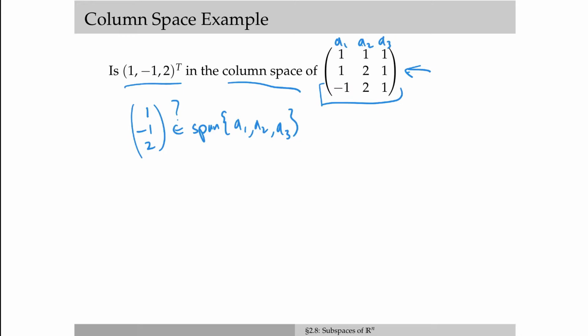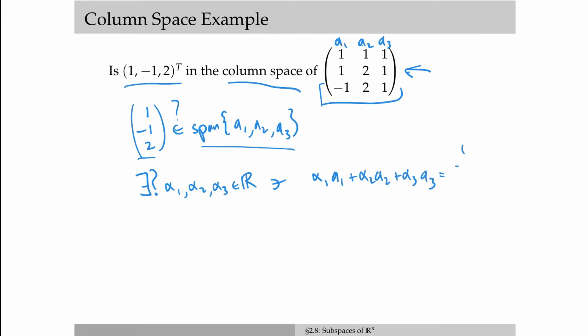To ask if this is in the span is equivalently to ask, do there exist real numbers alpha 1, alpha 2, and alpha 3 such that alpha 1 A1 plus alpha 2 A2 plus alpha 3 A3 equals (1, -1, 2)?